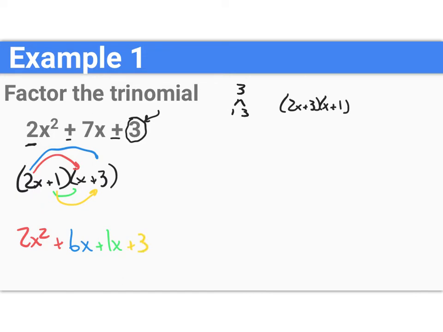And 6x plus 1x makes 7x, so this is the one that works. So we got lucky and found it correctly on the first try.